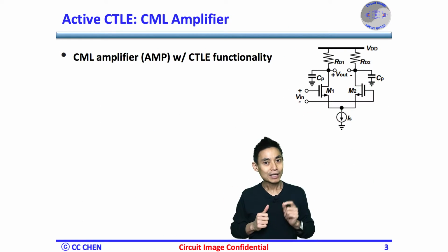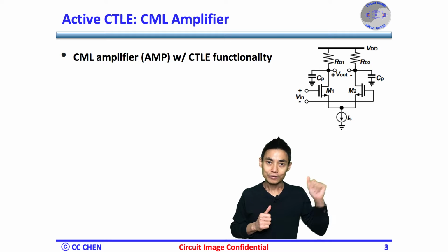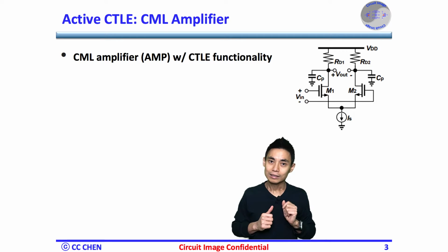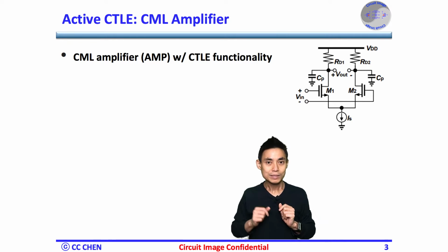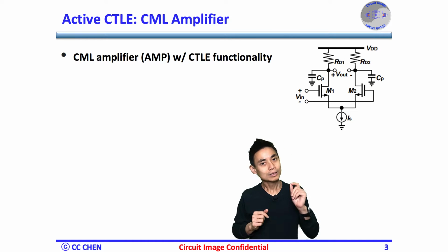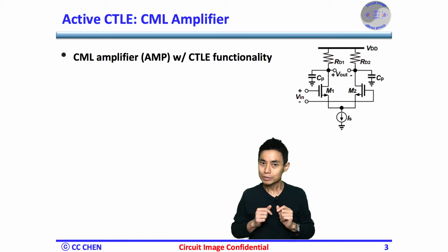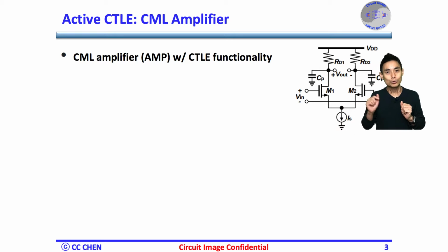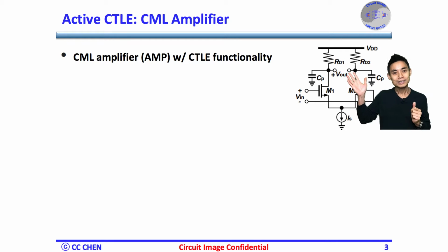If we decide on the active filter for the CTLE circuit block, the most robust and simplest topology would be a differential mode common source amplifier, which is a current mode logic (CML) amplifier. But how to implement the high-pass filter in the CML amplifier?